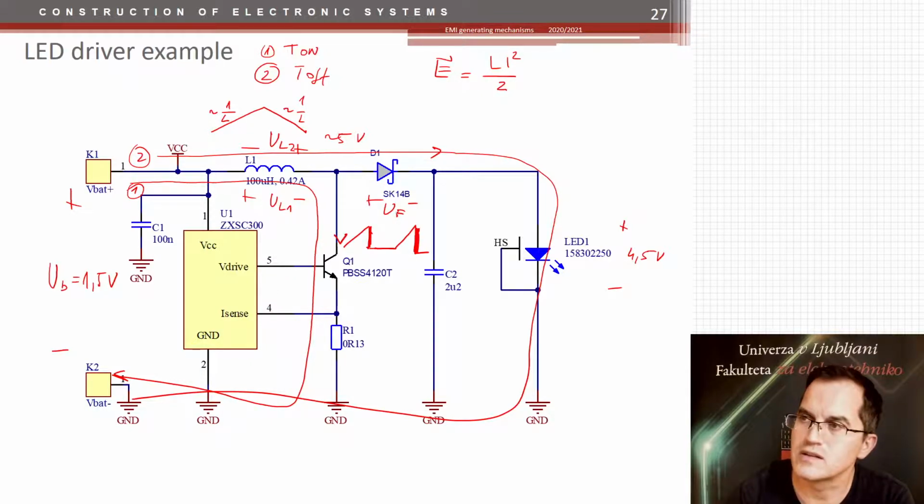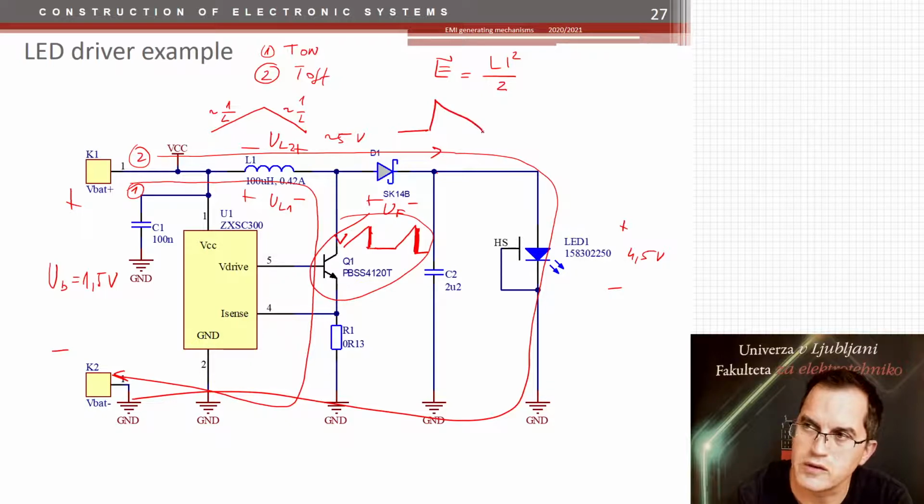What about the diode? When the transistor is turned on, the current through the diode is 0, because we have 4.5 volts here, and here we have 0. When the transistor switches off, the diode turns on, and the current would immediately jump up and follow the coil current, and then drop to 0, jump up again, following the coil.